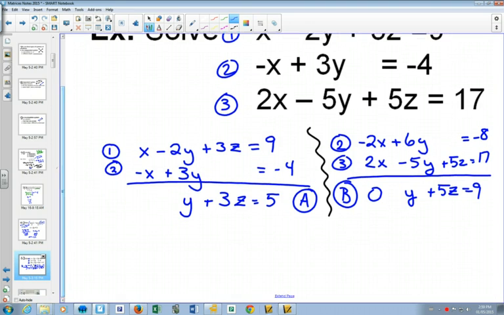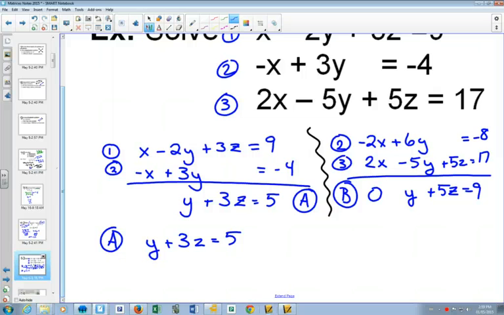So what I've essentially done is I've started with 3 equations with 3 unknowns. I've used some elimination. I chose a variable to eliminate. And once I did that, I'm down to 2 equations with 2 unknowns. With A and B, if I take those 2 equations, and let's say I rewrite equation A, y plus 3z equals 5.